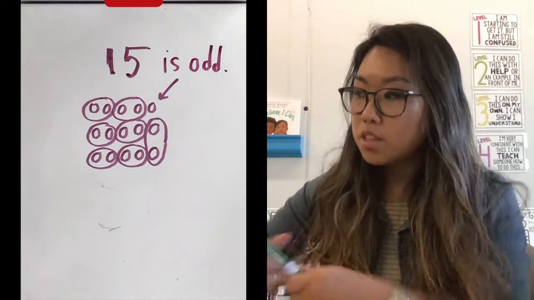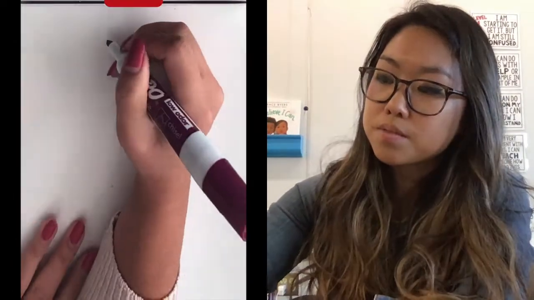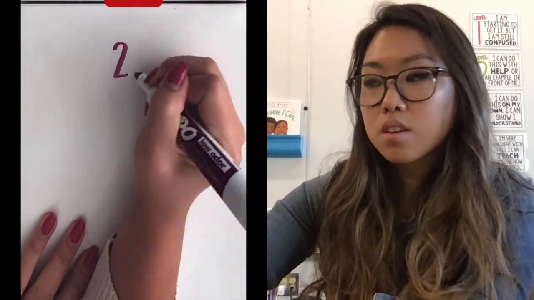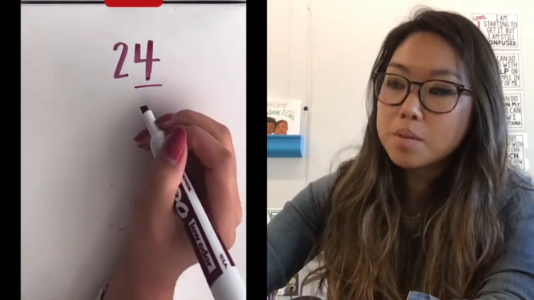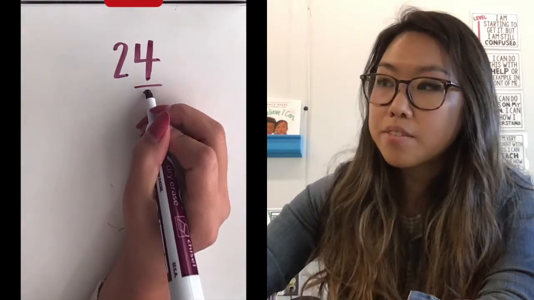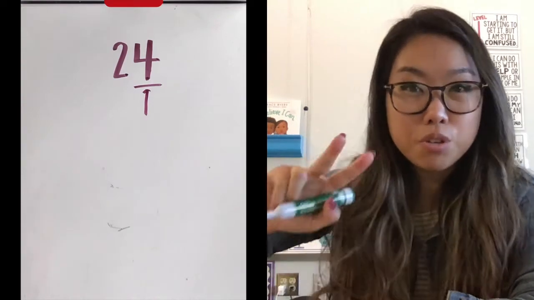So I want you to think, friends, when we have a number that is 2 digits, you can skip count all the way to 24. You can also think, what's a good strategy? And one is, I can look at the ones place and think, is this number even or odd? So when I think about my ones place, I'm thinking 4. Can I skip count 4 by 2s? So 2, 4.